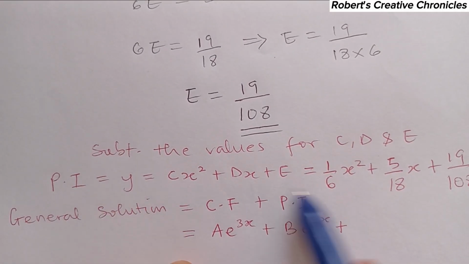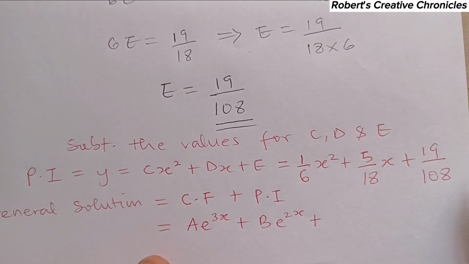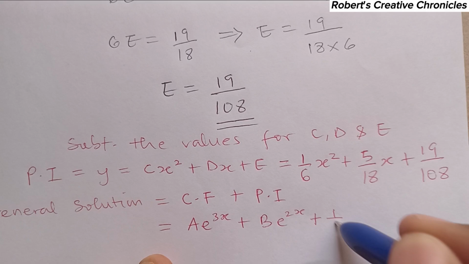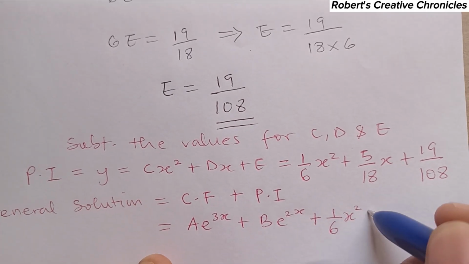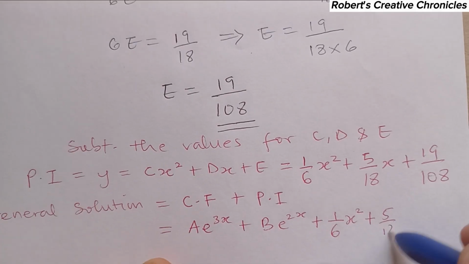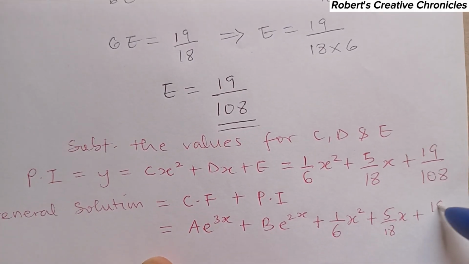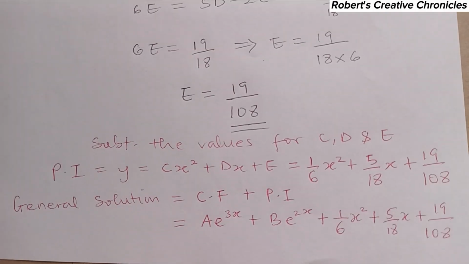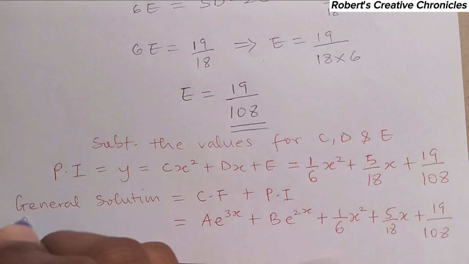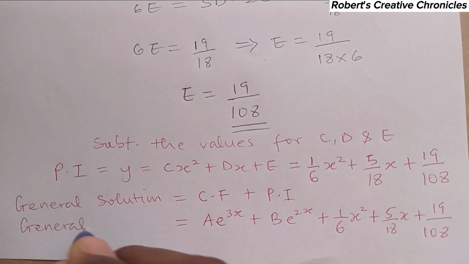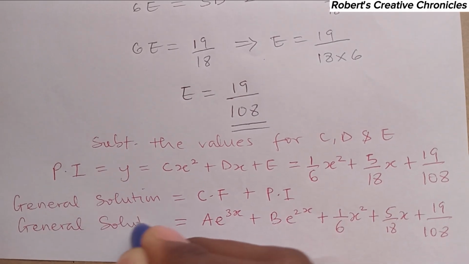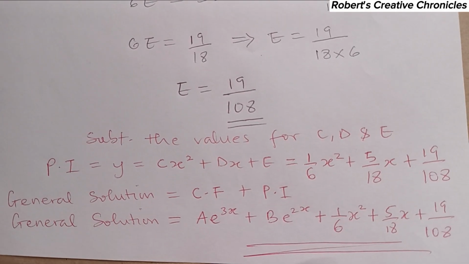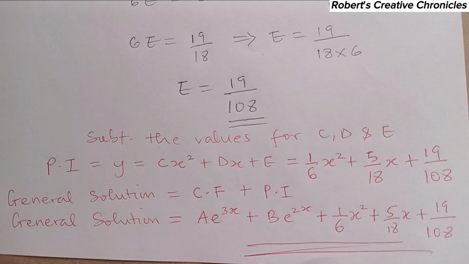This is the particular integral, 1 over 6 x squared plus 5 over 18 x plus 19 over 108. So this is the general solution and the final answer.